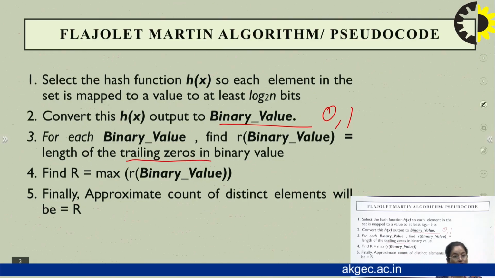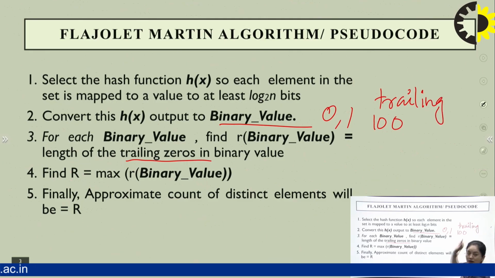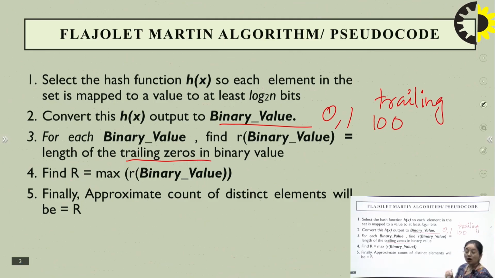How will we find the trailing 0s? Suppose we have a string 1, 0, 0. I'll take this example for the trailing 0s, and it is required to solve a numerical. We start moving from right to left, and we count the number of 0s until we get a 1.